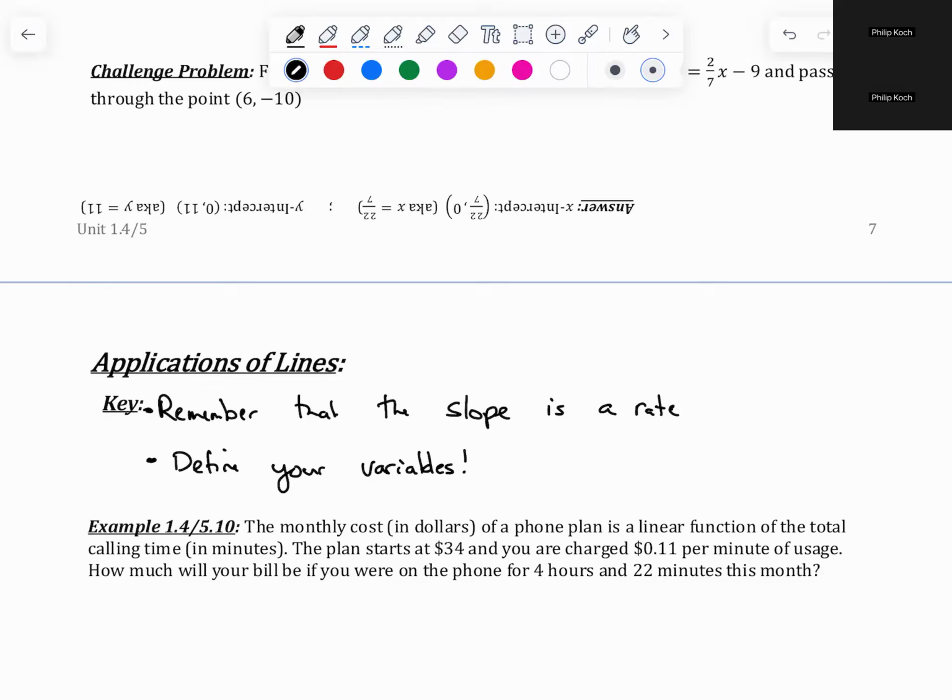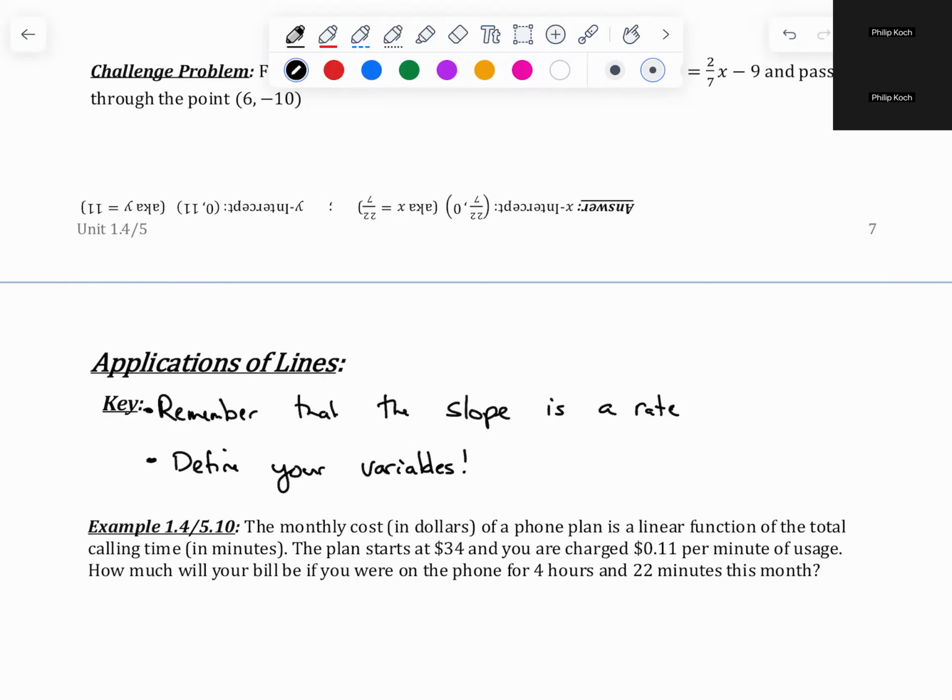The slope is a rate. So if you ever see something as blank per blank, or it says feet over seconds or something like that, if it's a rate, that's going to be the slope almost always. There might be a few cases where that wouldn't be true, but for the most part, as soon as you see a rate, that's going to be the slope.